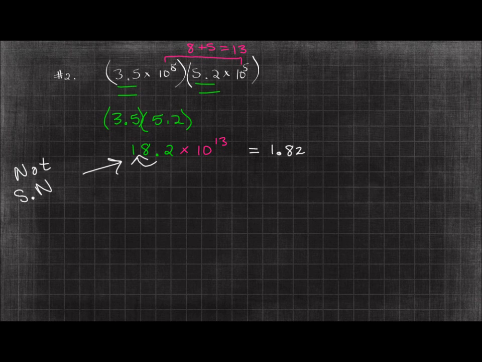Now, in order to decide whether I'm going to add 1 or subtract 1, my 18 is actually bigger than my 1. The 18 from here and the 1.8 from here. So this means I need to add an exponent. So to that 13, I'm going to add one more place. So we're going to have times 10 to the 14.